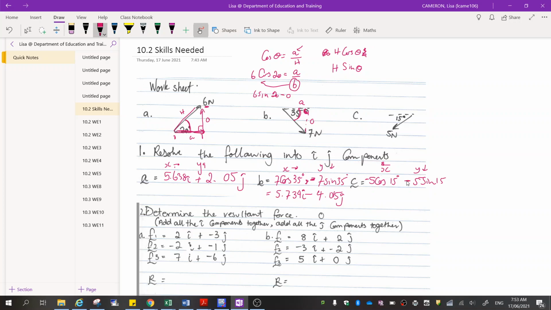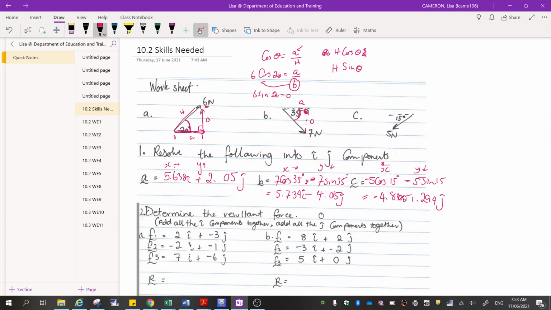So 5 sine 15 in the calculator gives me 1.294 if I'm going to 3 decimal places, and 5 cos 15 gives me minus 4.830 if I round it correctly to 3 decimal places.